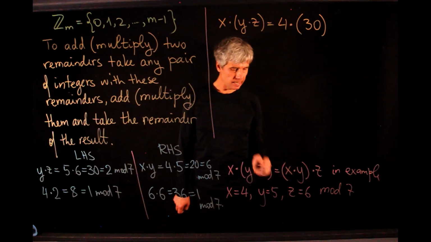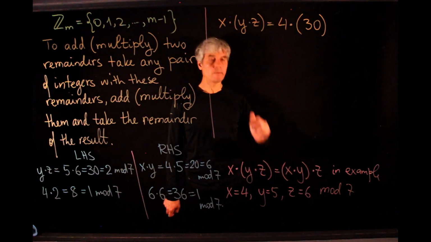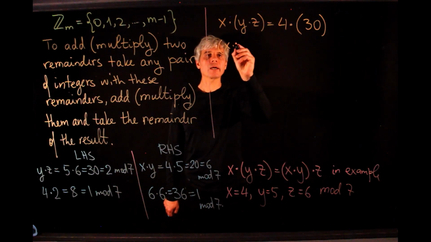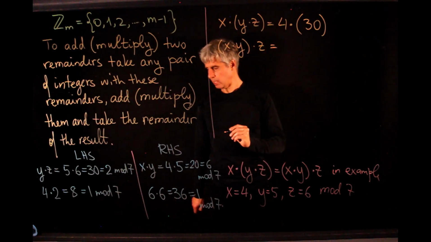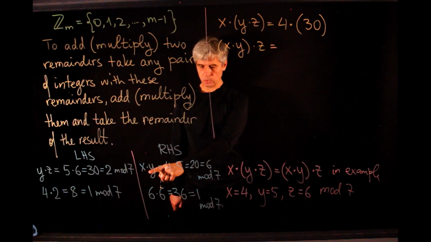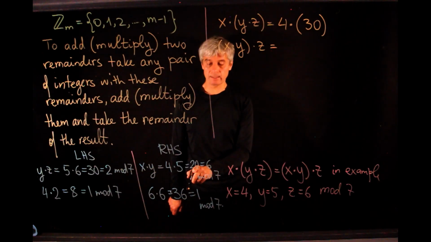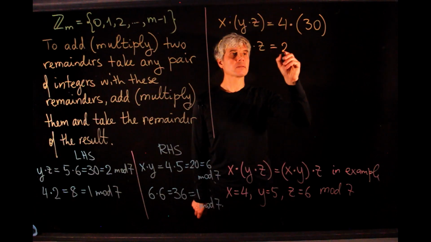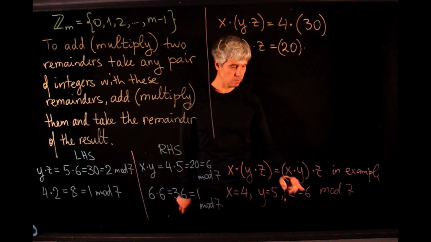And the right-hand side is going to be x times y times z. So x times y is equal to 6, but I can also use 20, right? And I can write it as 20 times z, which is 6.